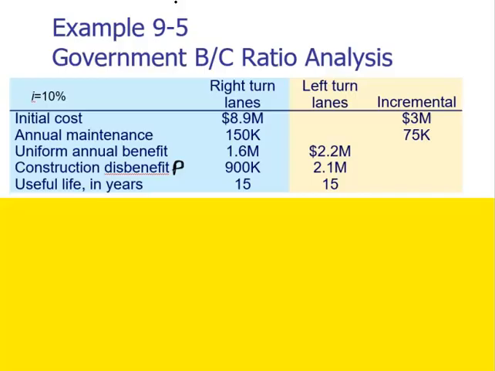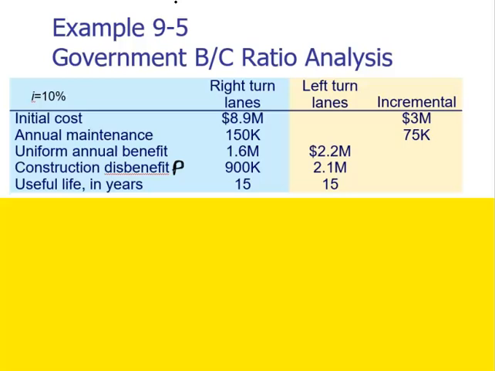And here it is giving you the details, but just one point. For left turn, for the initial cost, just to remind you, when you are using BC, you need to do incremental analysis. It says that the right turn lanes project is the cheaper project, and the incremental data that we have in initial cost is 3 million.